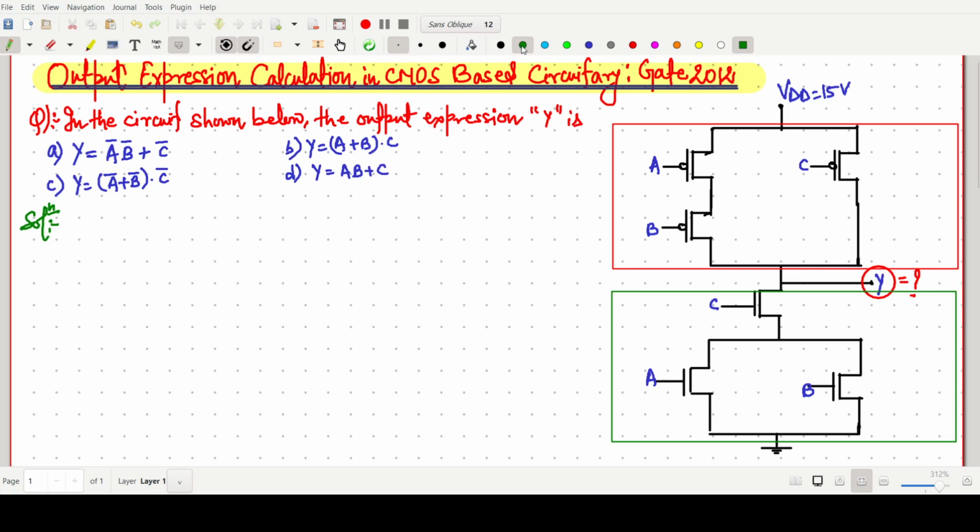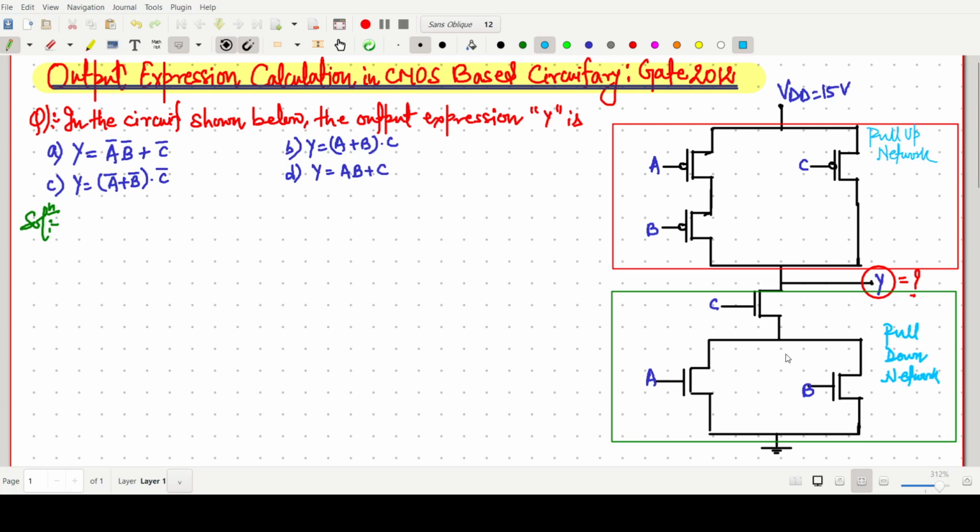The above one is our pull up network, and the below one is our pull down network, just like our CMOS inverter. This one is a pull up network and this one is a pull down network.